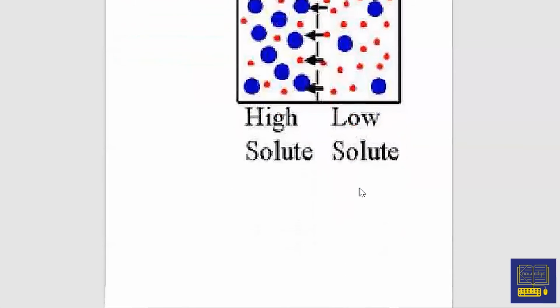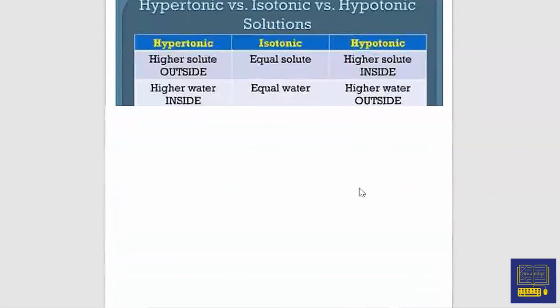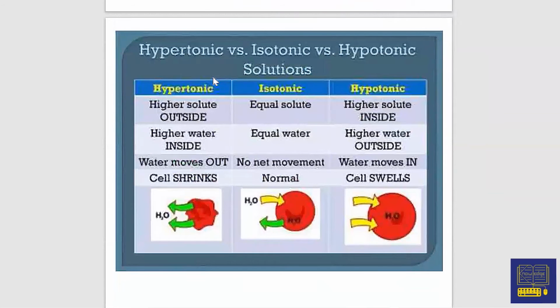There are three kinds of solutions for osmosis. They are hypertonic, isotonic, and hypotonic.